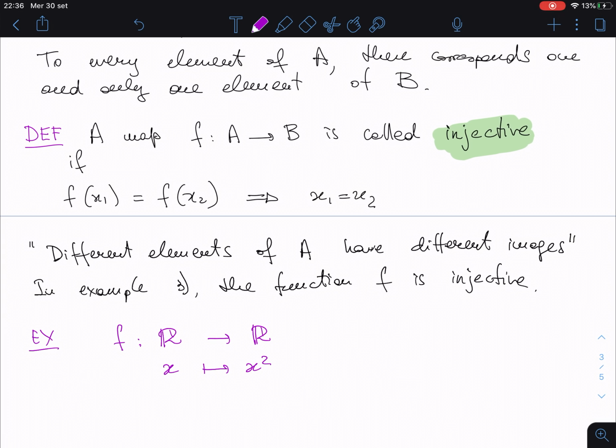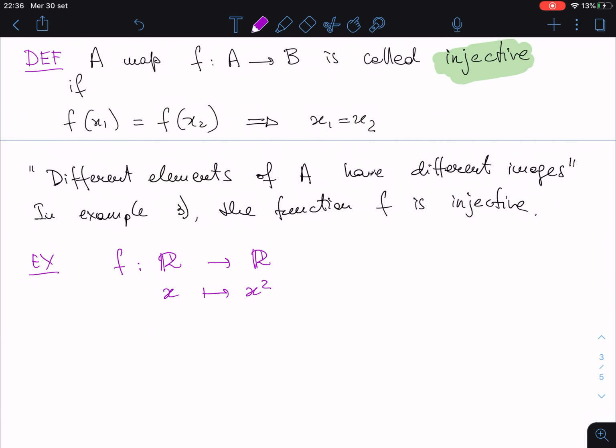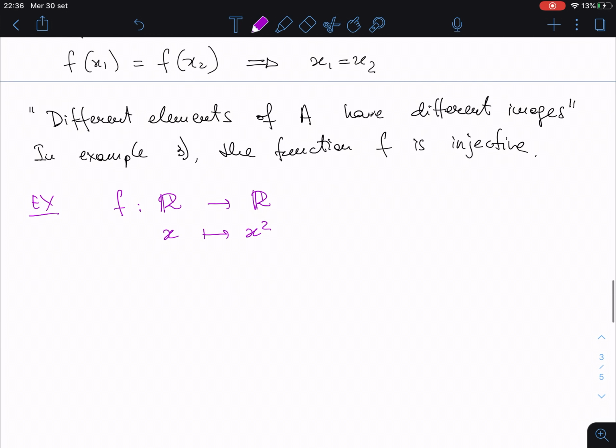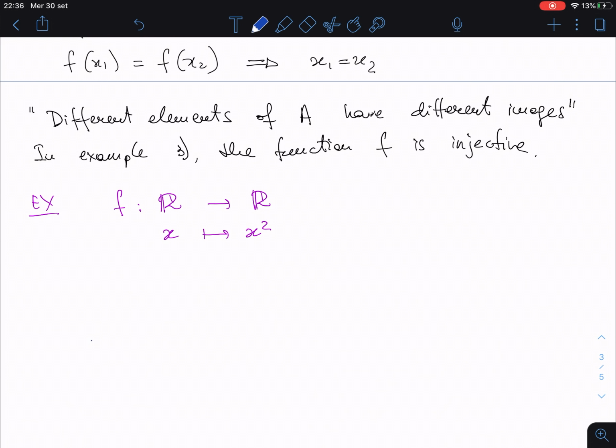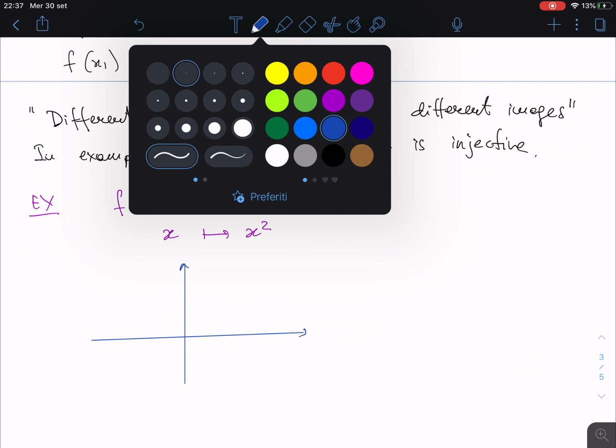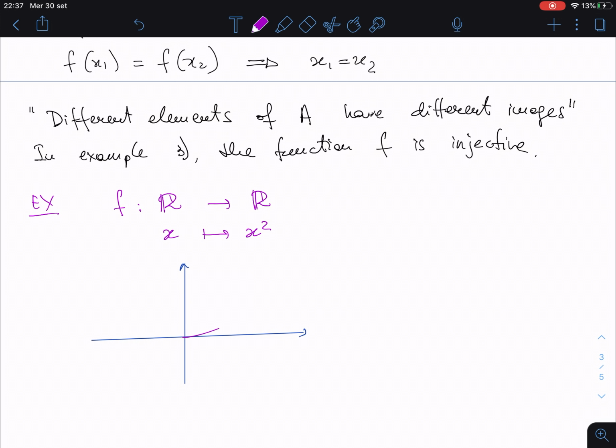So this is the parabola, the map that squares. So we have to say whether it is injective or not. You already know the answer. We will see how to draw the graph of a real function of a real value. This is the heart of the course, but now let me just draw a parabola. So is it injective or not?